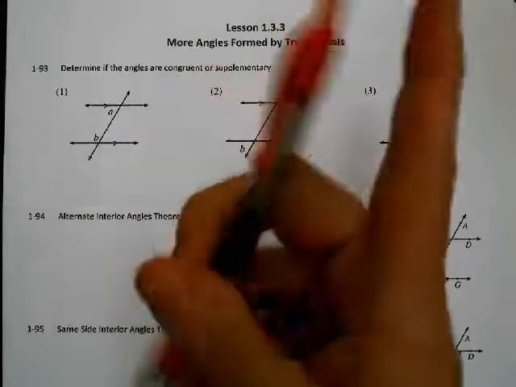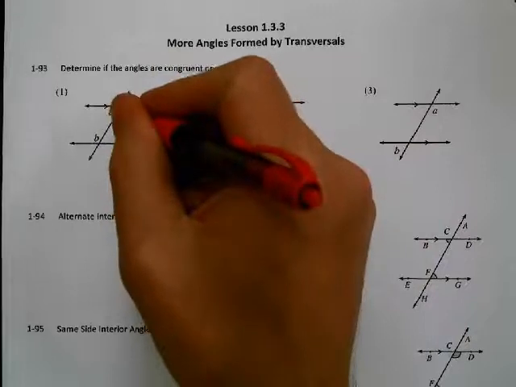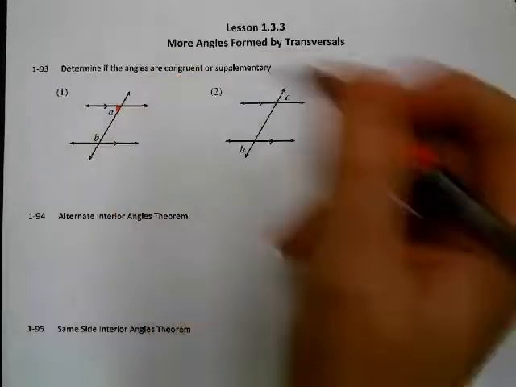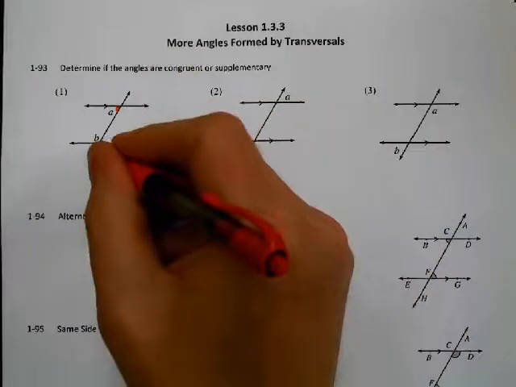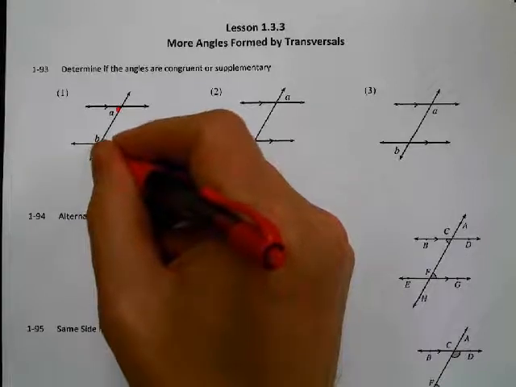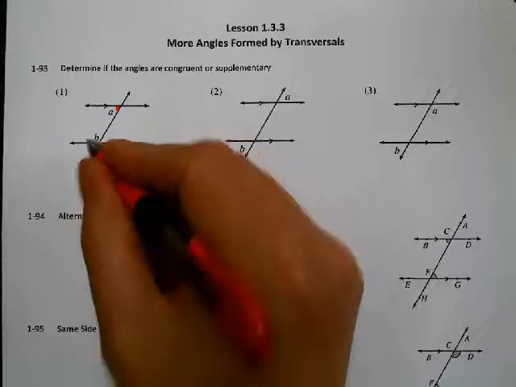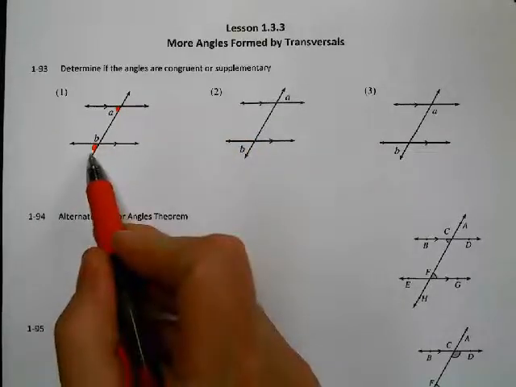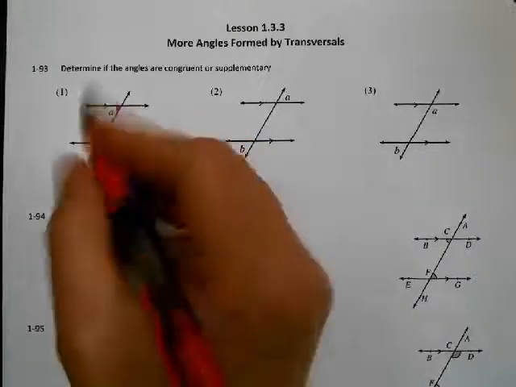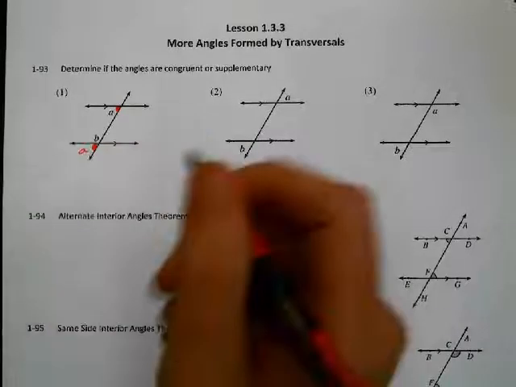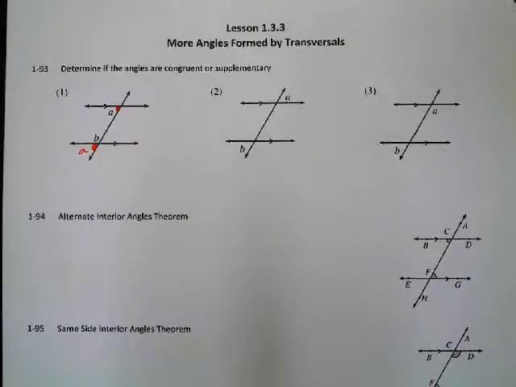And what I can see from this first one is that angle A right here is a corresponding angle with this one down here. So angle A and this angle that's not B down here, those are corresponding angles. So this angle is also whatever A is.